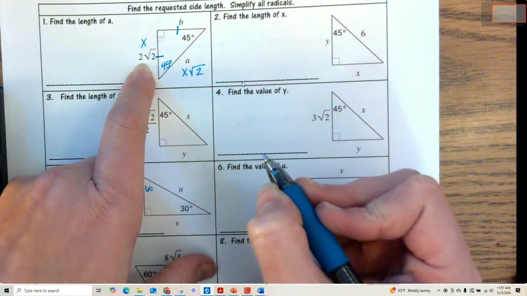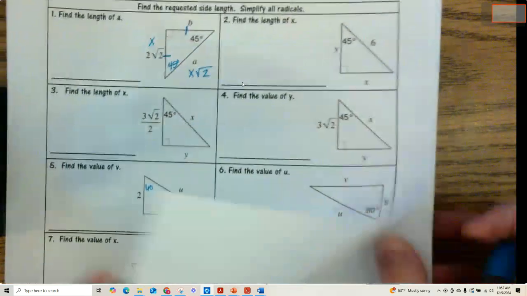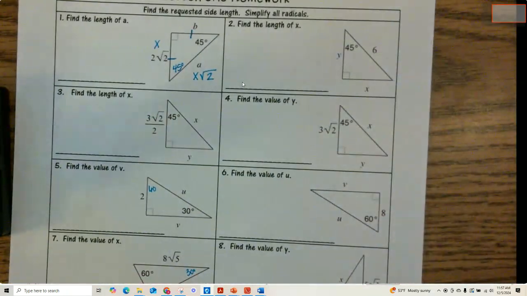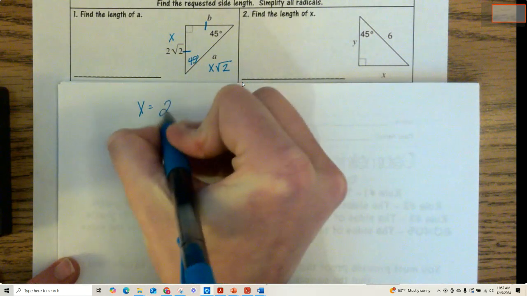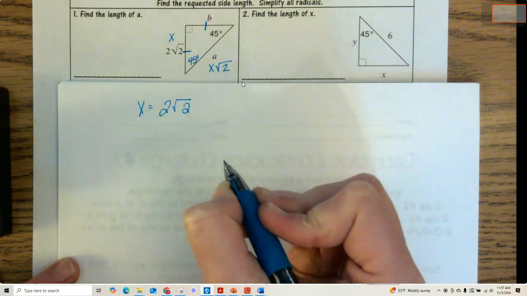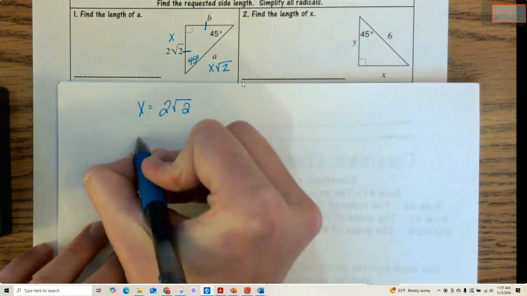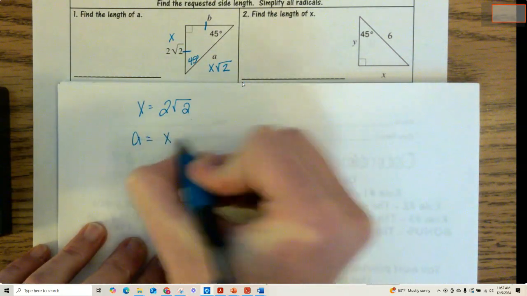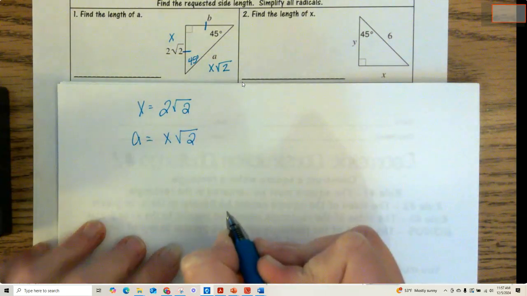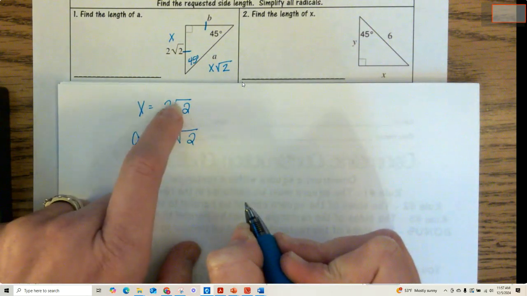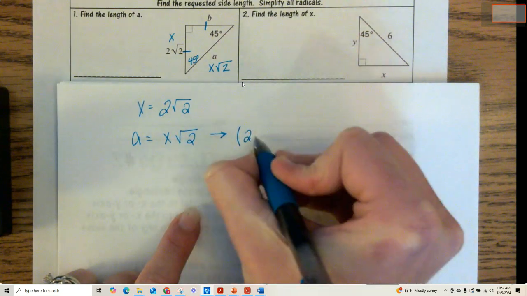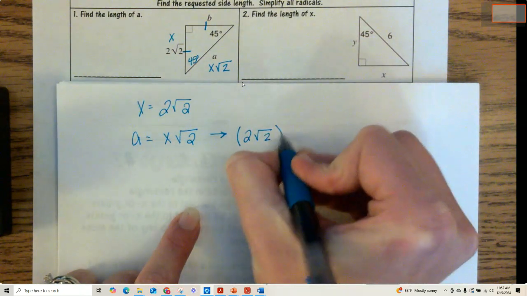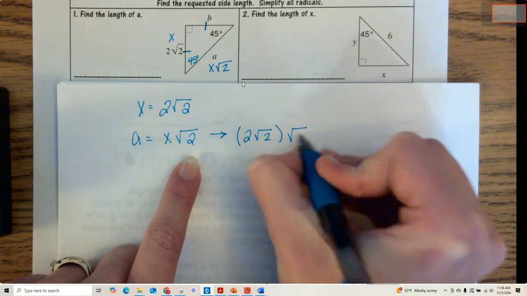So we're going to plug that value into the other one. x is 2 times the square root of 2. Side A is equal to x times the square root of 2. So if I swap this out with what I know x is, in parentheses, 2 times the square root of 2, then I've got the square root of 2.